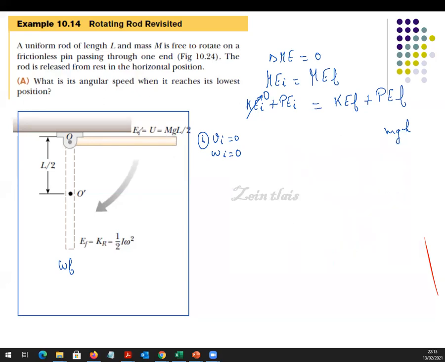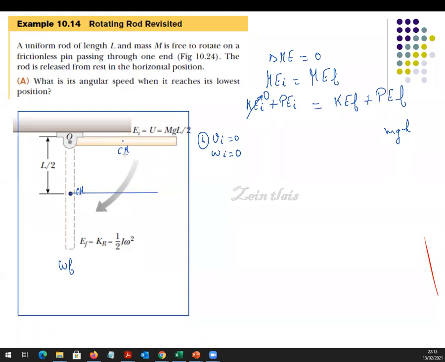We come back to this problem. Initially, here we have the center of mass, and finally it is here. We put the reference between the initial and final.